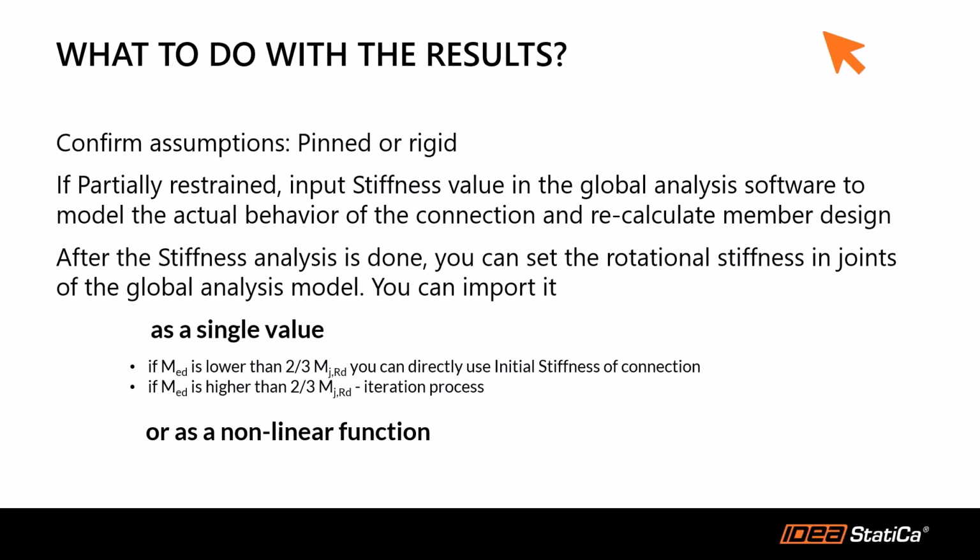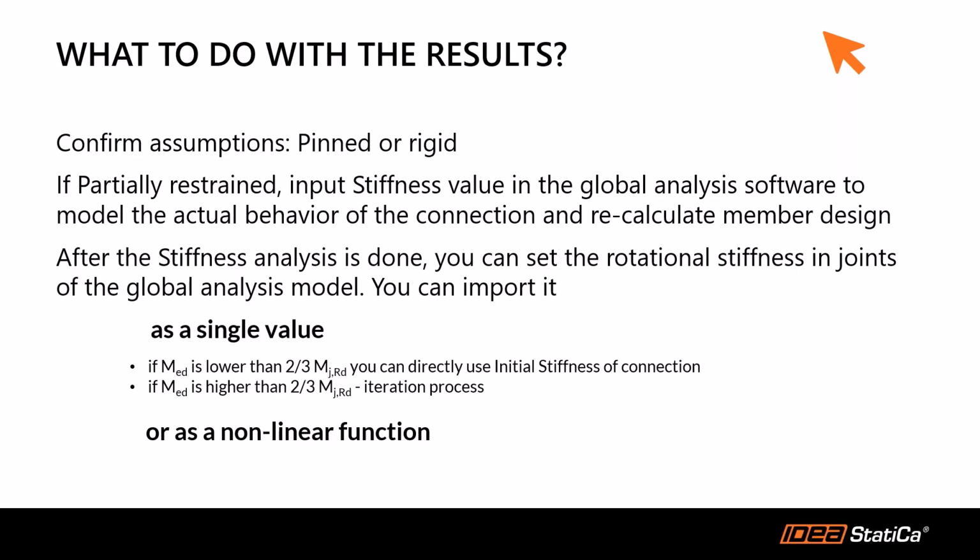However, if you have a partially restrained connection, and that connection is really needed like that, if you cannot change the design of that connection, then you need to input those stiffness values in the global analysis software to model the actual behavior of the connection and recalculate the member design. This is not my point of view, this is from the AISC commentary section, right?